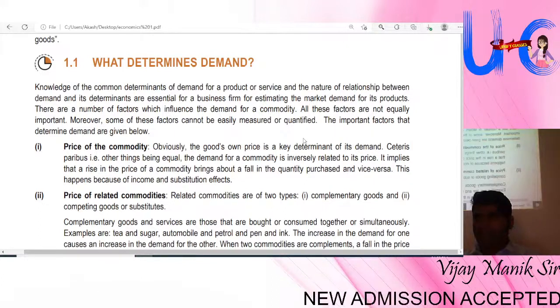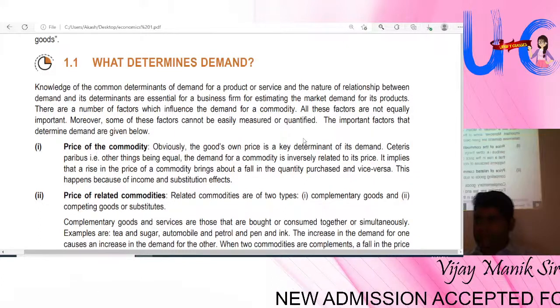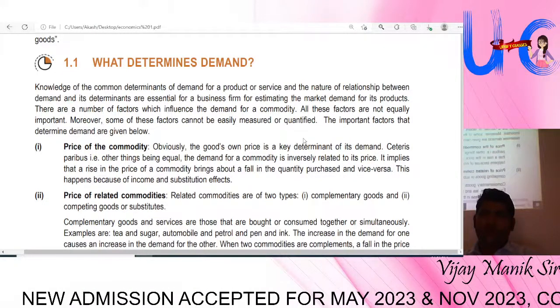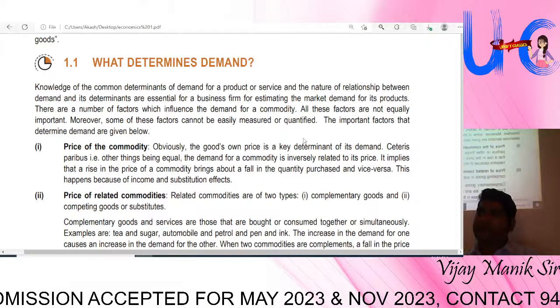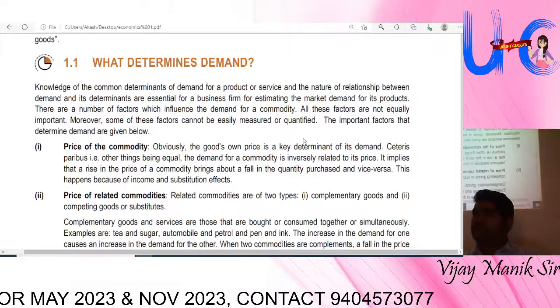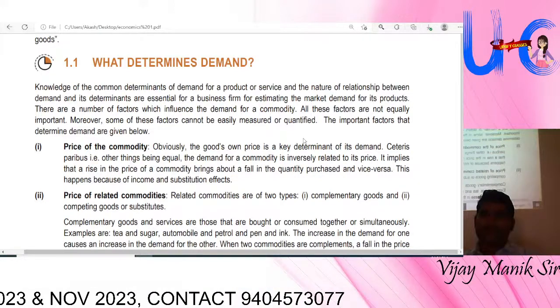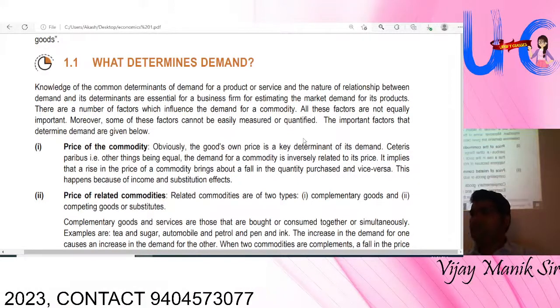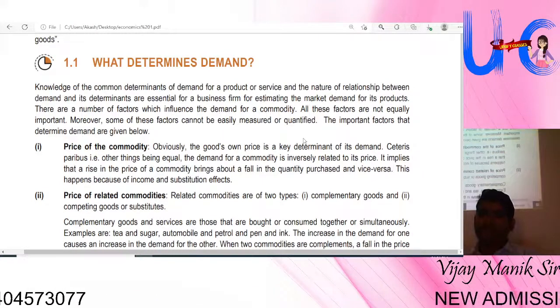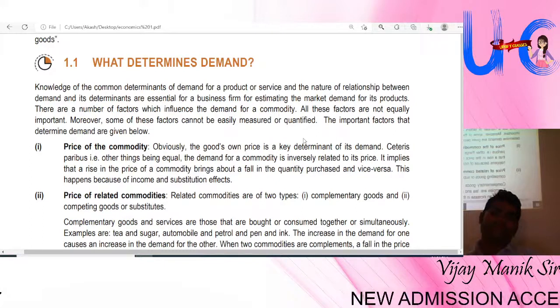Is that clear? Okay, another thing is there. Demand means, suppose I want something to buy, but the ability to buy is also considered, whether the persons are able to buy the things. For example, they want to eat apples, but they don't have that much money.